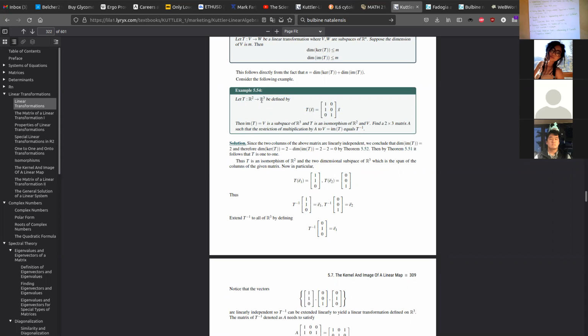If it's an injective map, then it's automatically surjective onto its image. So it's both injective and surjective, meaning it's an isomorphism from its domain onto its image.